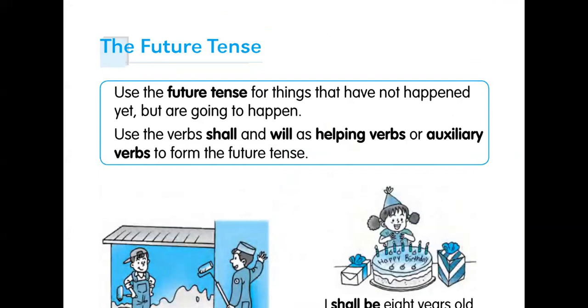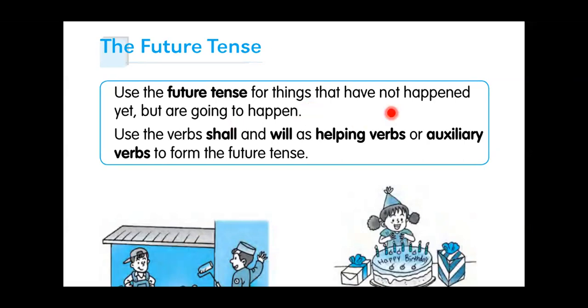Like, what is today? Eidul Azha is coming, right? So that is future tense. It will be coming, so it is future tense. Now see over here, use the future tense for things that have not happened yet but are going to happen.